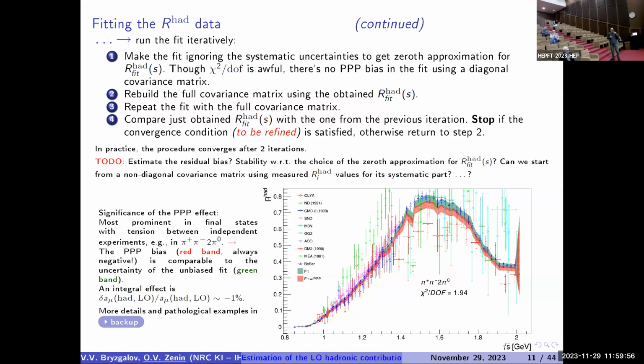We see that it's within 1 sigma, but it's lower than the unbiased fit obtained using the procedure outlined on the previous slide. Okay, in the backup, there are more pathological examples of biased fit. I think this is not too interesting.